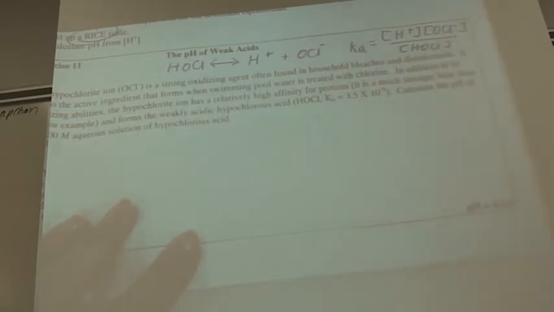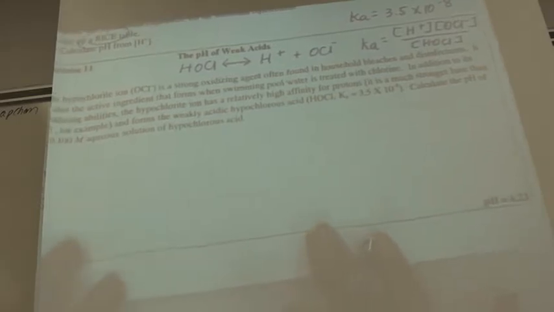When it dissociates in solution, it forms H+ and OCl-, correct? And can you write a Ka for that? This is the equilibrium expression. And they did give us that Ka is equal to 3.5 times 10 to the -8. Given that information, you can do a rice table and everything will be fine.